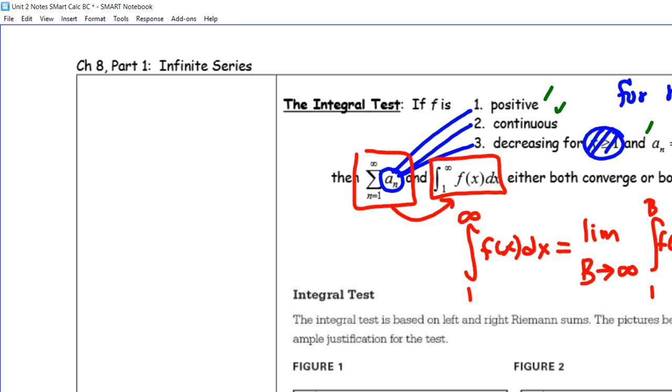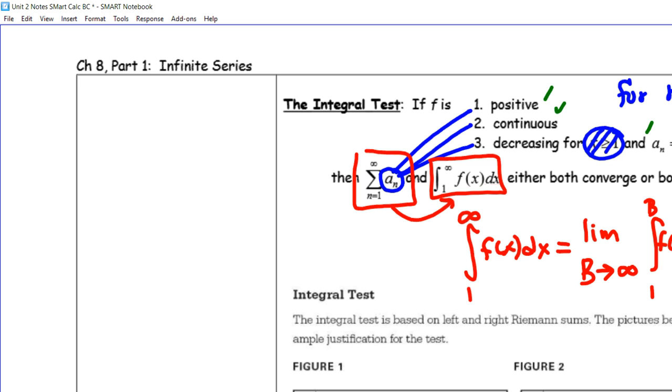So if this converges, then the summation converges. If this diverges, then the summation diverges by the integral test. Now, here's where you make a mistake. Let's say that I got this to equal again 8.